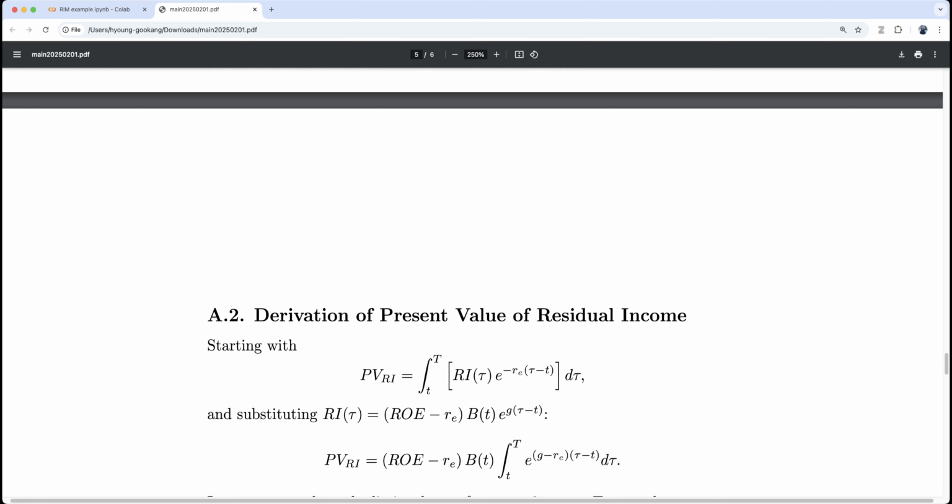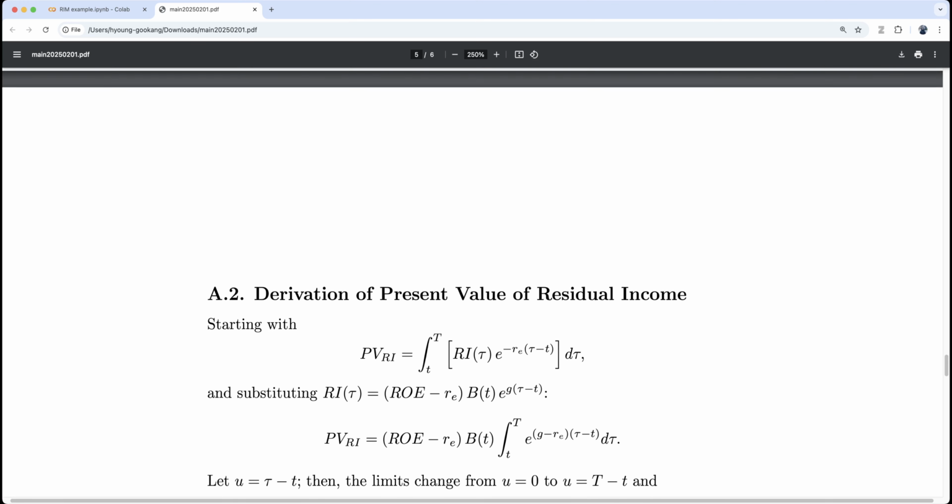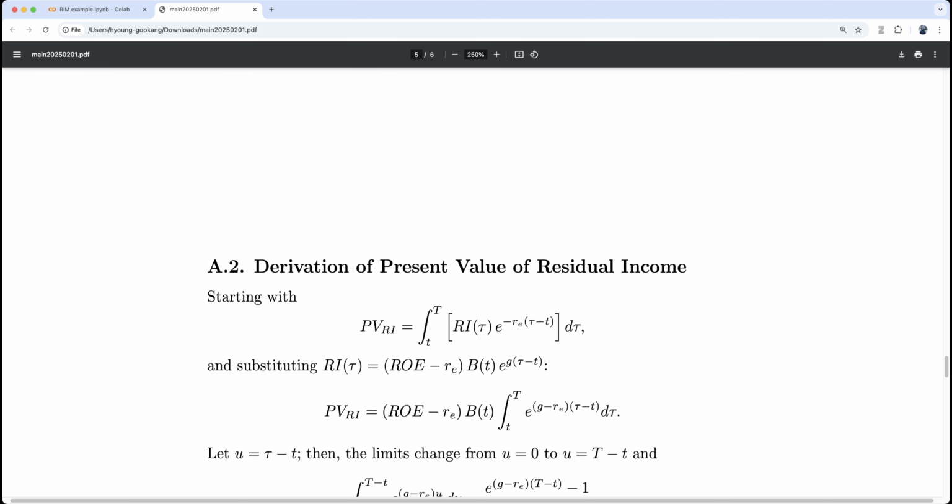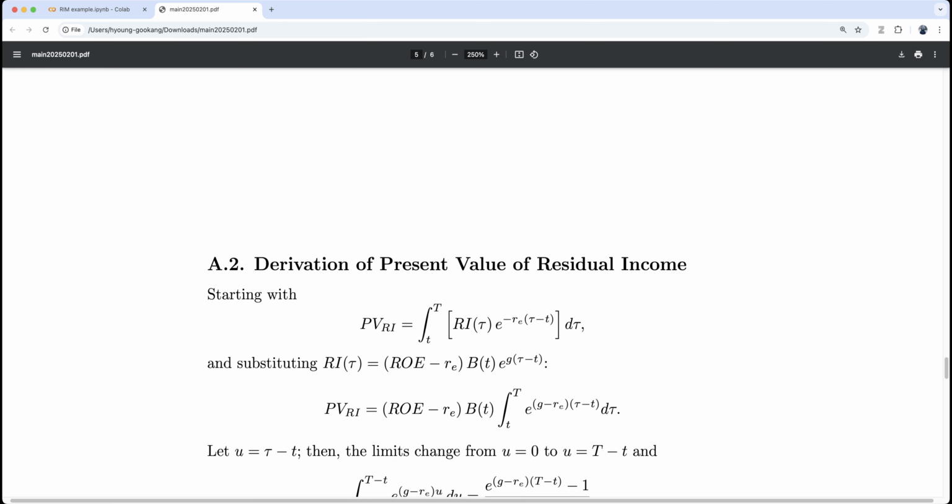Next, derivation of the present value of residual income. Starting with this one, it is very similar. PVRI is the integration from t to T of residual income RI times e to the minus r_e times (tau minus t) d tau. Substituting RI tau, we separate out this initial term, and we have this one.